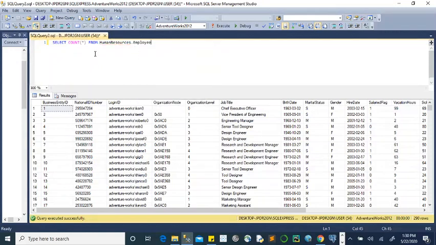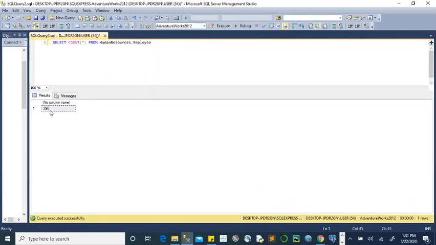So I want to know the total number of employees in this table. 290. We have 290. You see what I was saying about statistical summary.